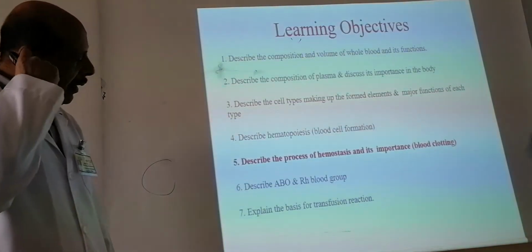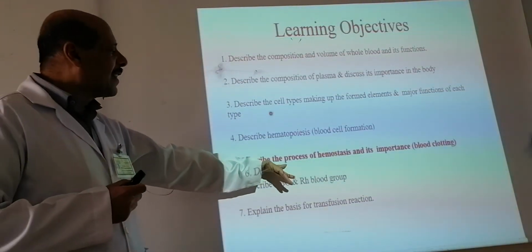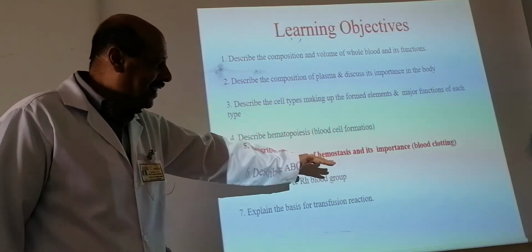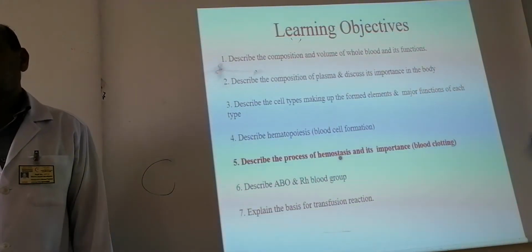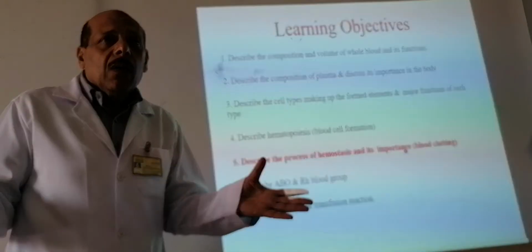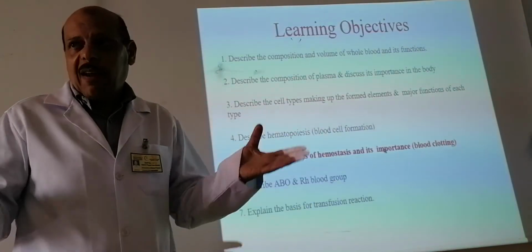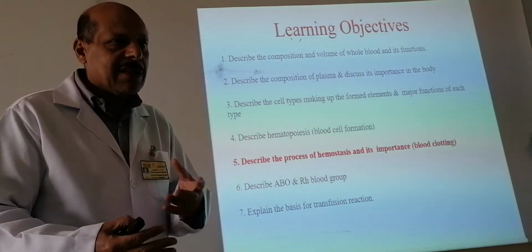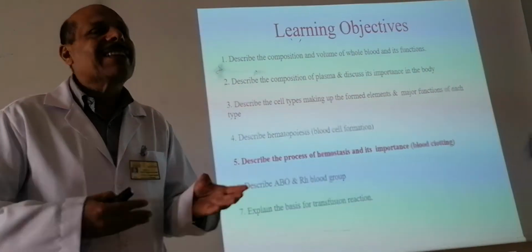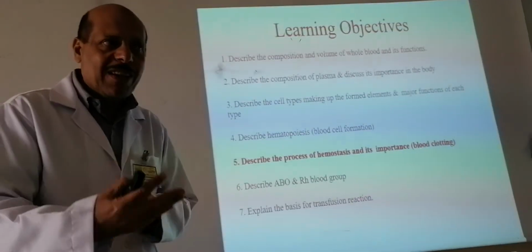Now we will come to cover another objective, which is to describe the process of hemostasis and the importance of blood clotting. In normal life, the blood is a fluid that runs inside the blood vessels.